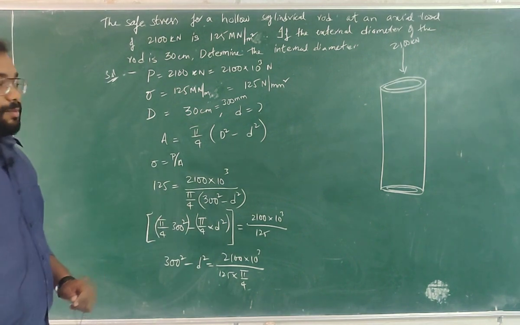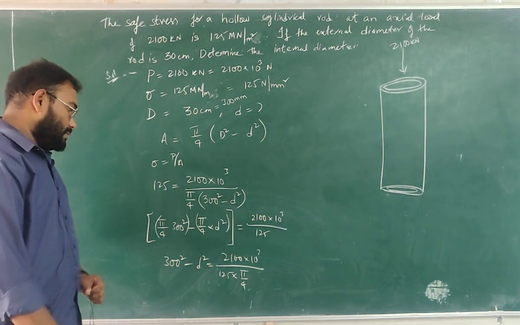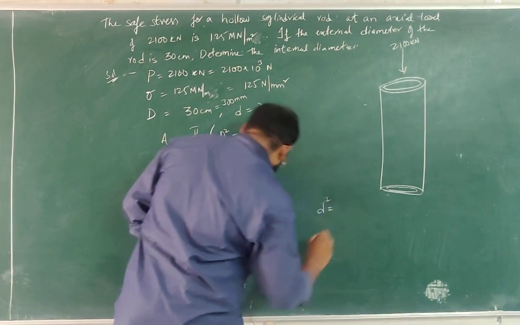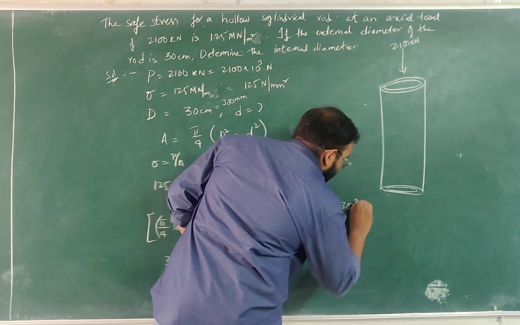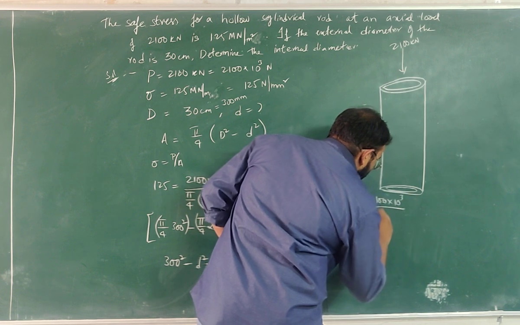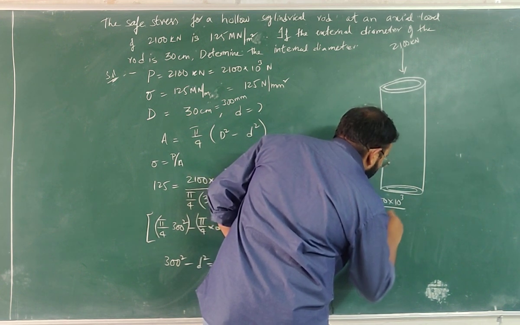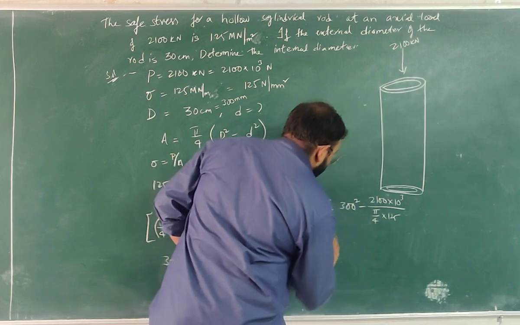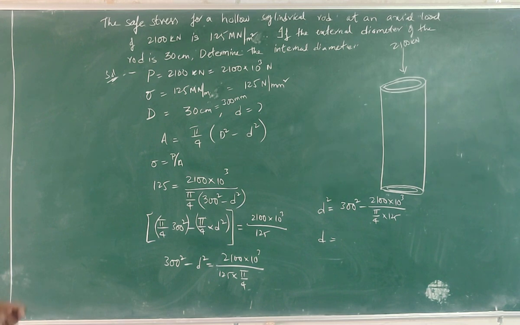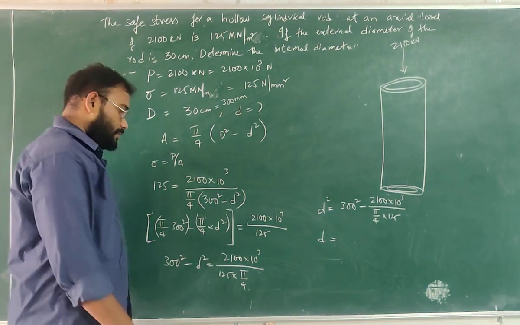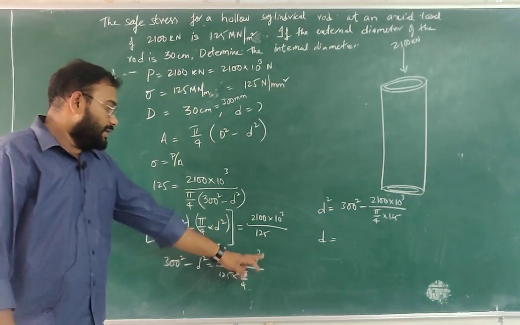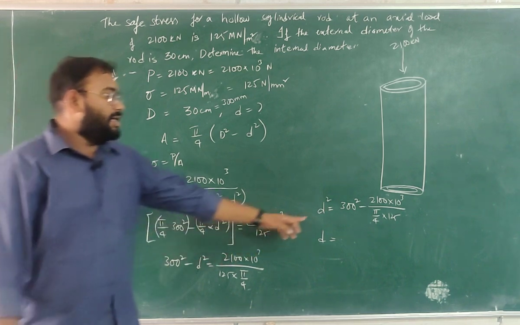Pi by 4 will be 0.785. d square is equal to 300 square minus 2100 10 power 3 divided by pi by 4 into 125. Tell me what is d equal to. This d square will go to the right side, it will become positive. This complete term will come to the left side, it will become negative.